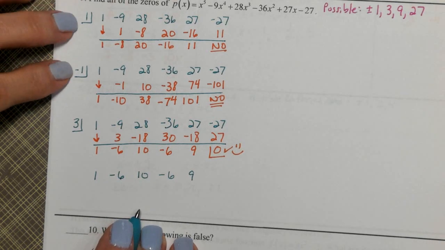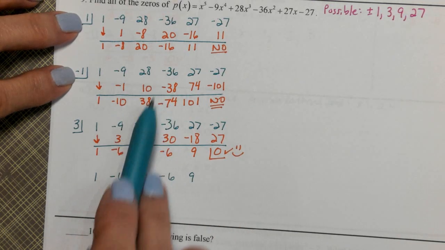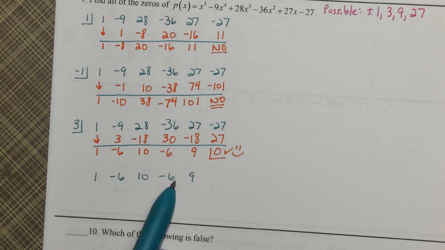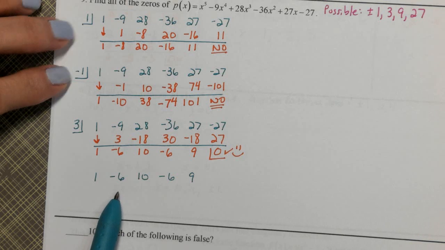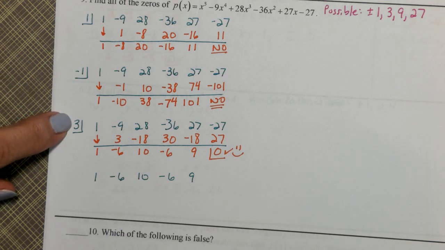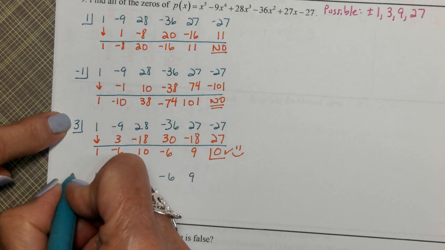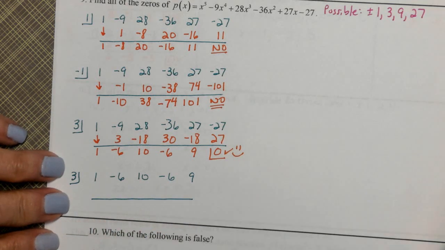If 1 and negative 1 did not work for these, is there any way it would work for this? No. So don't bother trying what you already tried and didn't work. However, could 3 be a double? Could 3 work again? It certainly could. So I'm definitely going to try it. It may or may not work, but I'm definitely going to try it.